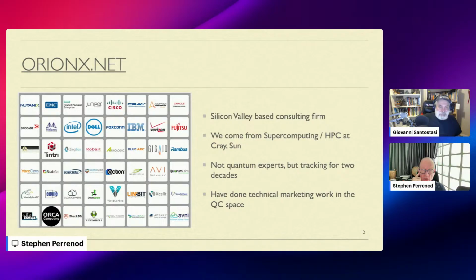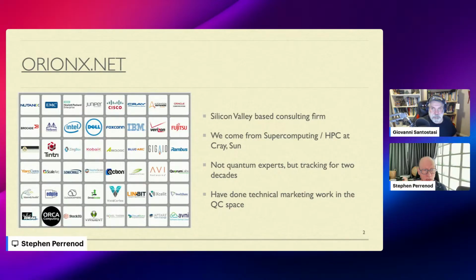I'm a partner at OrionX.net, and we're a Silicon Valley-based consulting firm. And I show this because we all come from a supercomputing and high-performance computing background. We were at Cray and SGI and Sun and other companies in the HPC space over the decades from the mid 80s through the 90s and aughts.